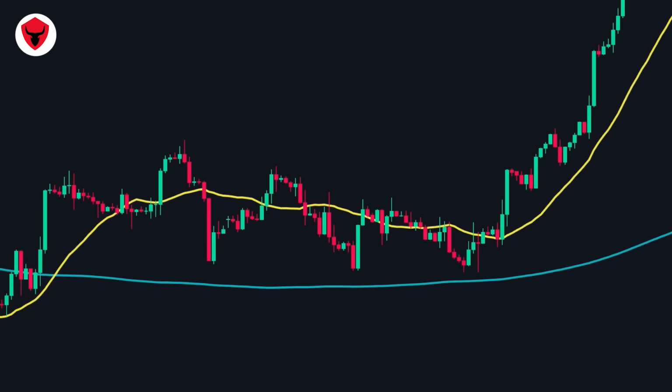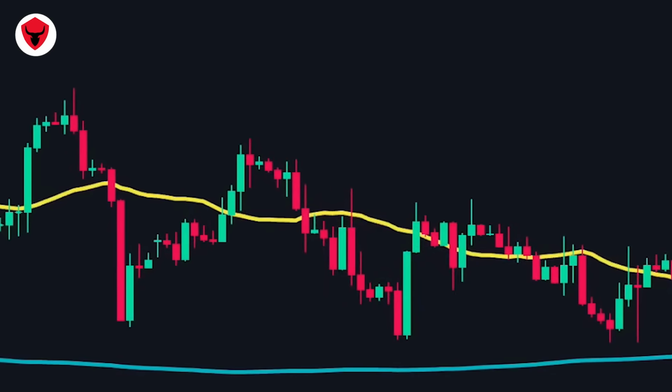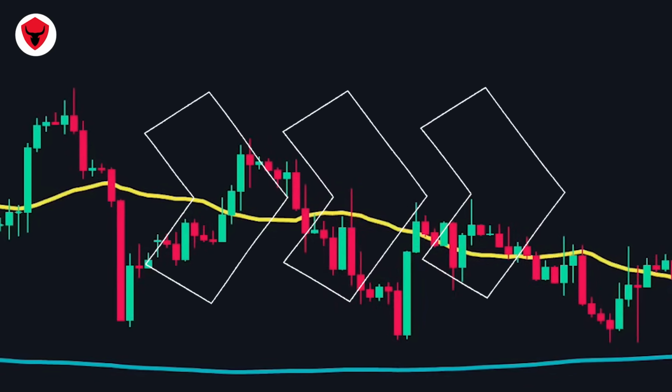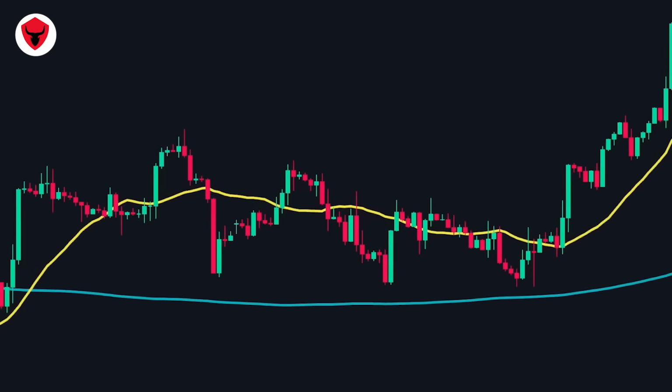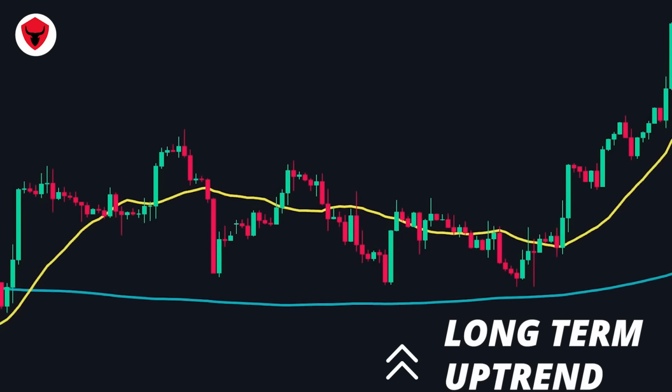Another example, when we zoom in on this portion of the chart, we can see that the price has been fluctuating around the 20-period moving average for quite some time. This indicates a short-term sideways trend. At the same time, the price held continuously above the 200-period moving average, indicating a long-term uptrend.